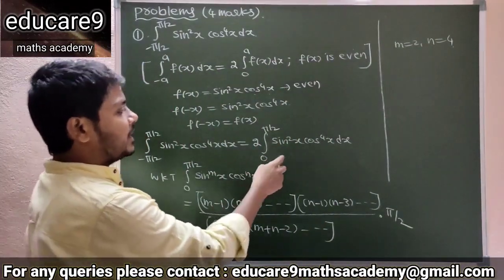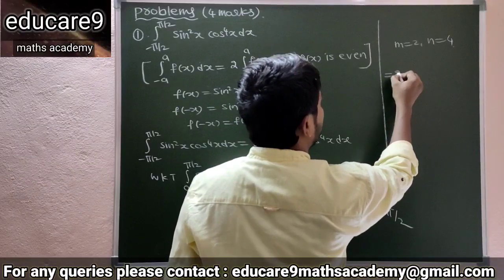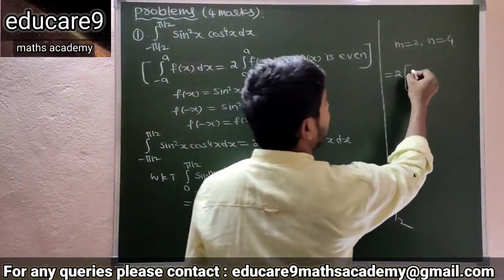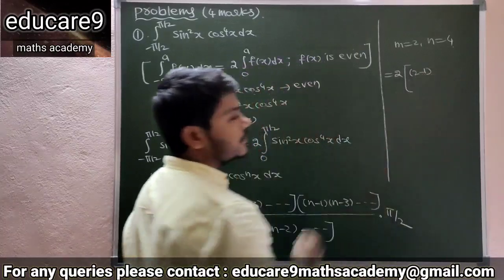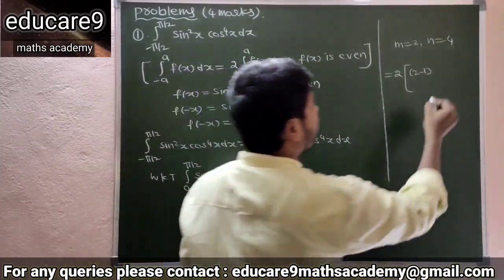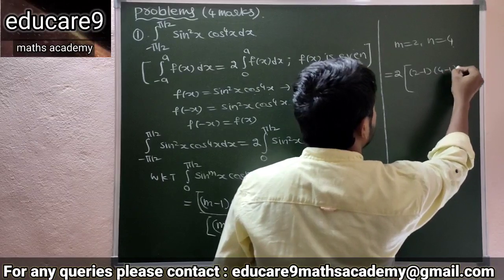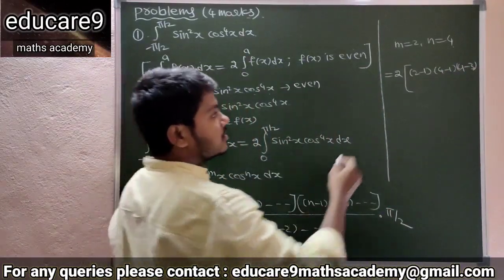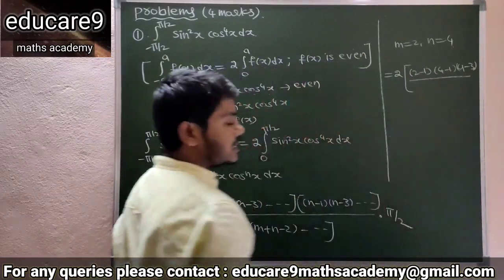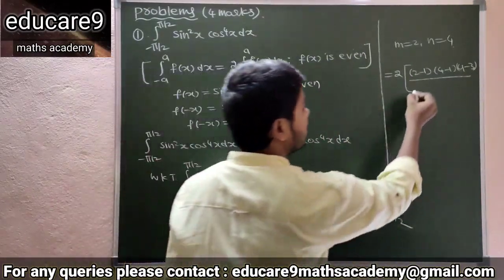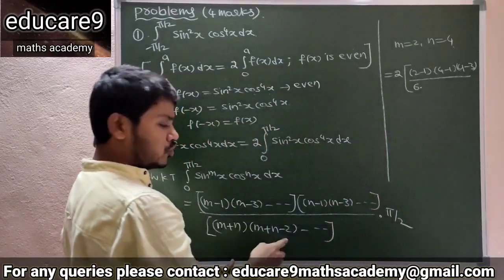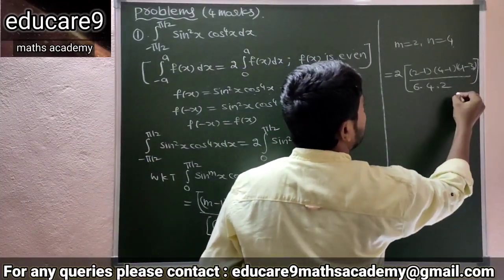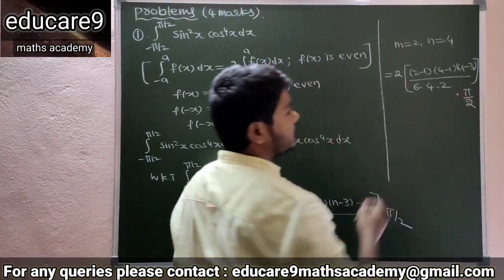Therefore this can be written as 2 times, see here, m minus 1, m minus 3, that is 2 minus 1 only, and n minus 1, that is 4 minus 1, next 4 minus 3. Divide by m plus n, that is 4 plus 2, 6, 6 minus 2, that is 4 and 2, into pi by 2.